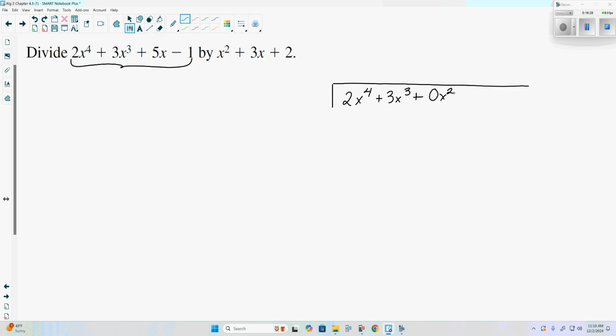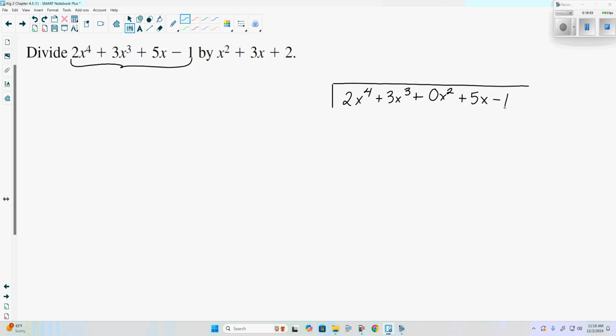And the reason we do this is if you notice in the last one, each time we multiplied, every term lined up. Yes? Here, if we don't put that 0x squared back in, we're going to have a mismatch. It's not going to line up. We do have our x term, which is plus 5x minus 1.